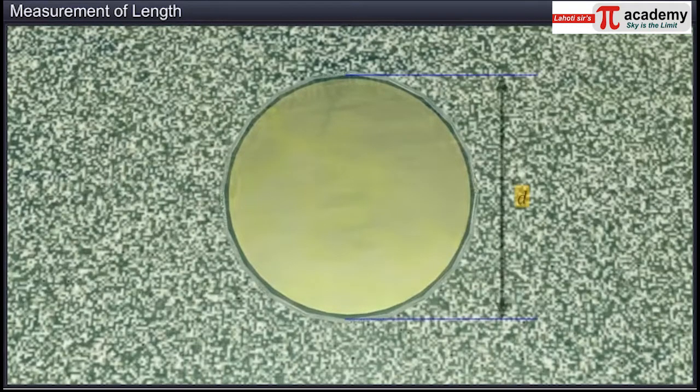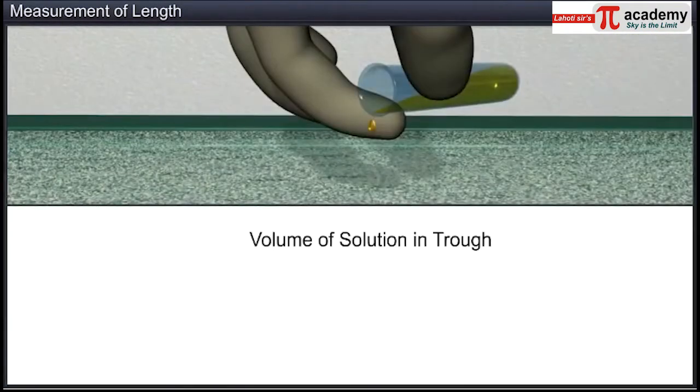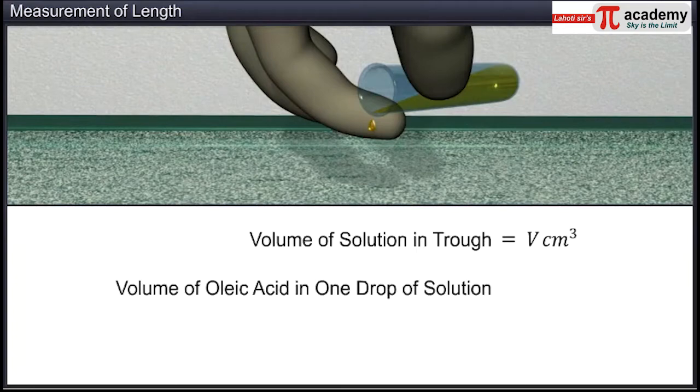Quickly, we measure the diameter of this circular film to determine its area, A. Let the approximate volume of a drop of solution dropped on the surface of water in the trough be V cm³. As the concentration of oleic acid is 1/400 in the solution, the volume of oleic acid in each drop of the solution is V/400 cm³.